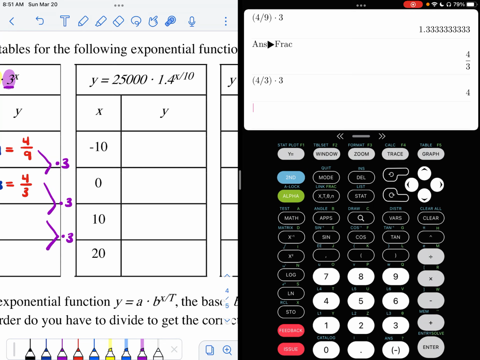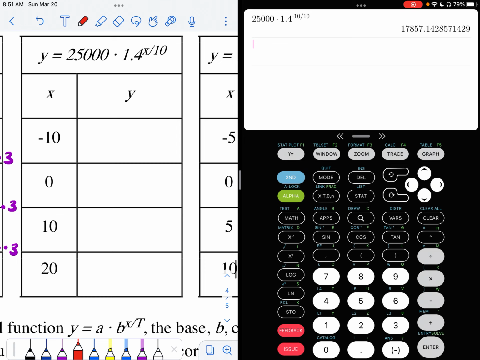This time we have 25,000 times 1.4 raised to the power of x over 10. Again, we have some x values pre-selected for us, so let's plug them in. We have 25,000 times 1.4 raised to the power of negative 10 over 10. I'm not going to bother with the fraction on this one because that's a big number.